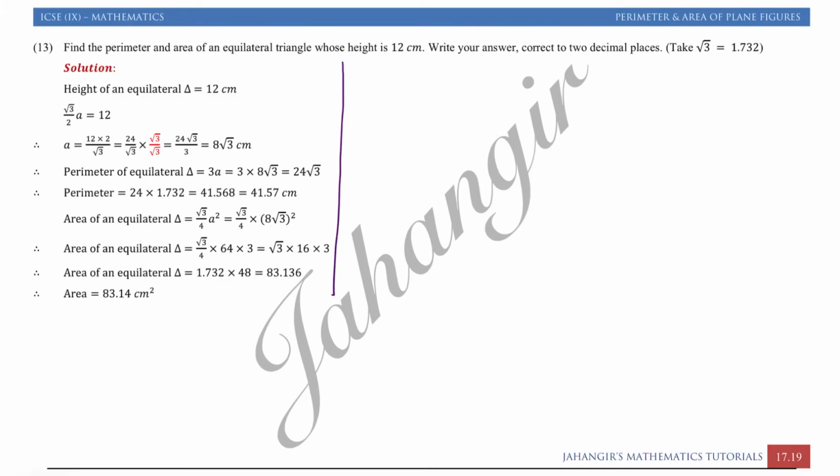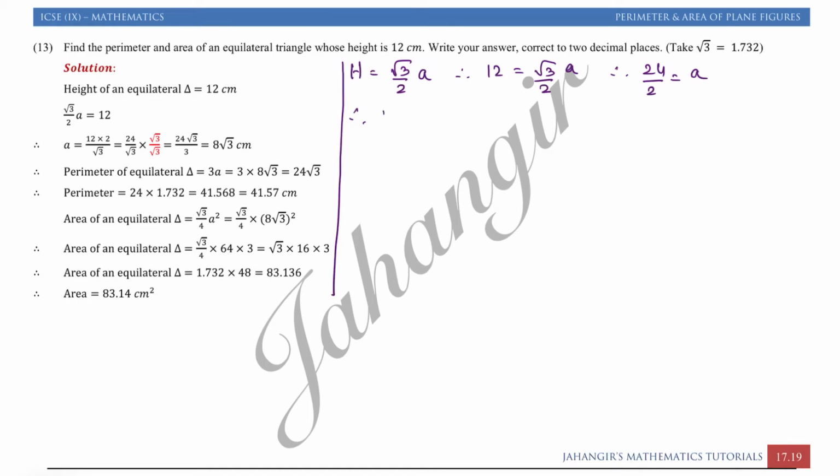Find the perimeter and area of an equilateral triangle whose height is given. Again same pattern question. Here we have to find perimeter also. So first we will write the formula for height. Height is equal to root 3 by 2 into side. So therefore height is 12 centimeter, that is equal to root 3 by 2 into side. So therefore 12 into 2 is 24 upon root 3 is equal to a.